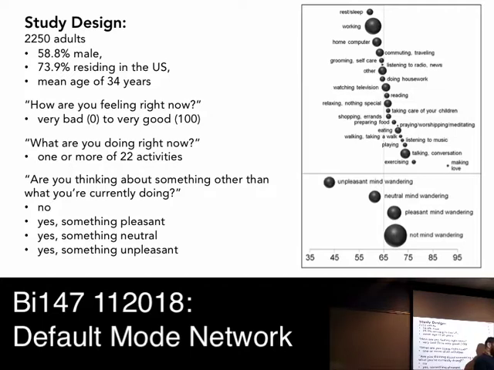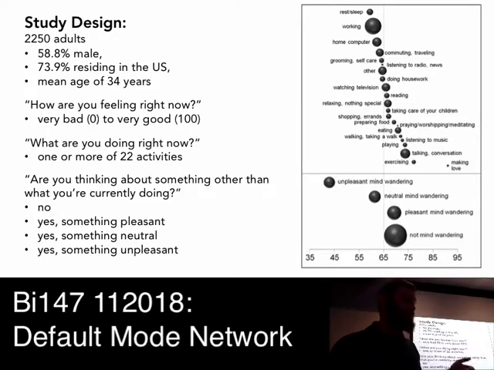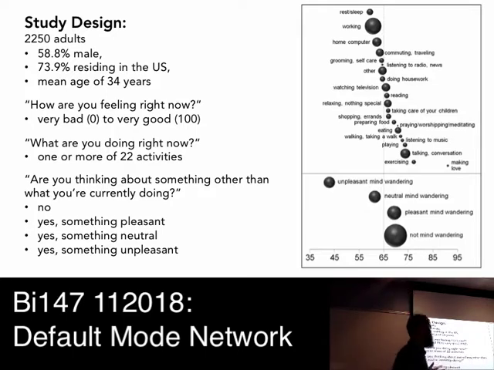But that's only about a third of the time that their mind is wandering. The other 2/3 of the time that their mind is wandering, they're less happy than average, either unpleasant or neutral mind wandering. So when your mind is wandering, you tend to be less happy. And this is going to correlate with things like work.